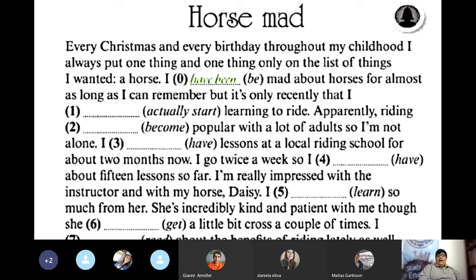Every Christmas and every birthday throughout my childhood, I'd always put one thing and one thing only on the list of things: I wanted a horse. I have been mad about horses for almost as long as I can remember, but it's only recently that I actually started.